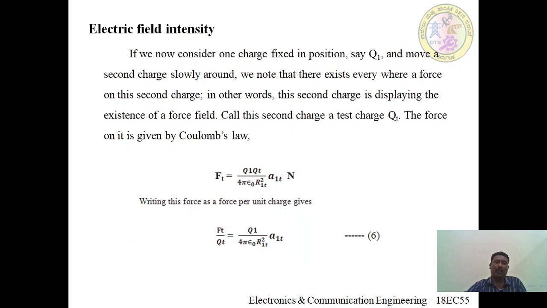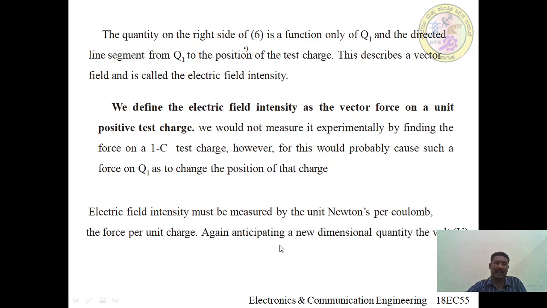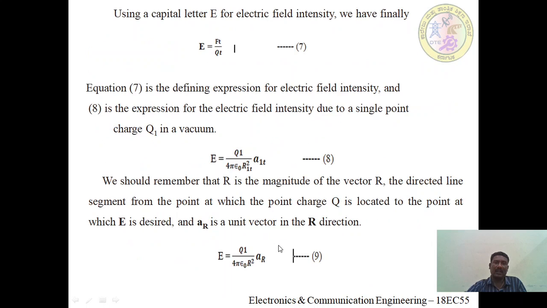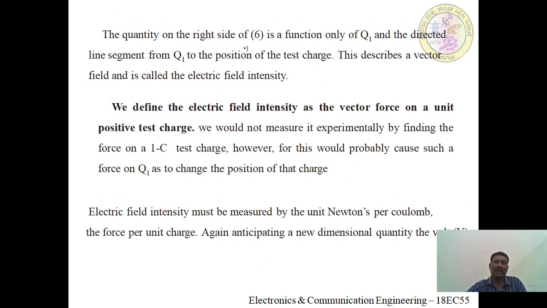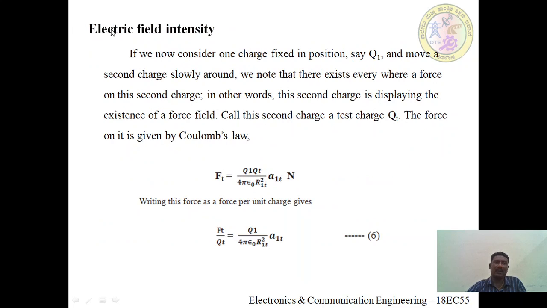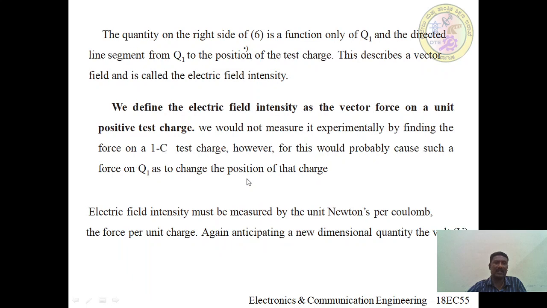Now force per unit charge is nothing but electric field intensity, that is, the field intensity due to a single charge. We define the electric field intensity as the vector force on a unit positive test charge.